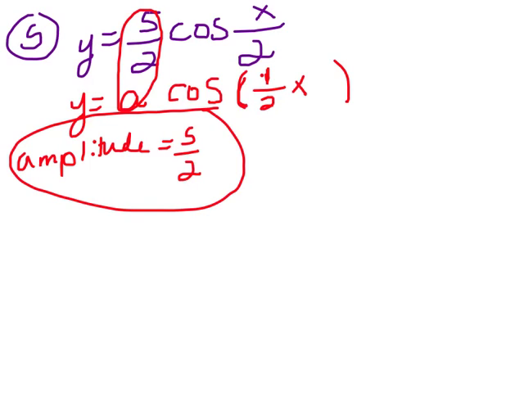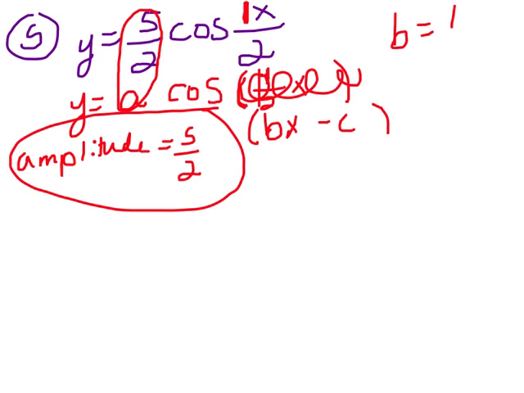This would be cosine, I meant to label it down here. This is bx minus c. Okay, so can you see that your b here would be 1/2? And that's b. That's not your period, but it helps you find your period. Do you remember how to find the period from yesterday? No. The period is equal to 2 pi divided by b.